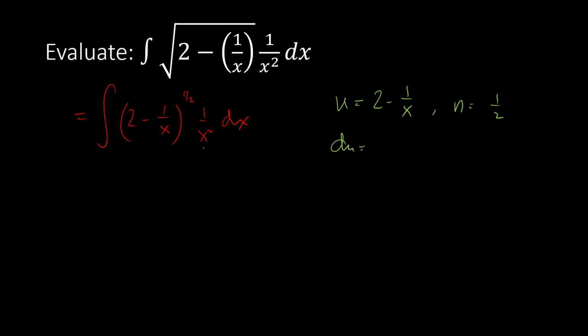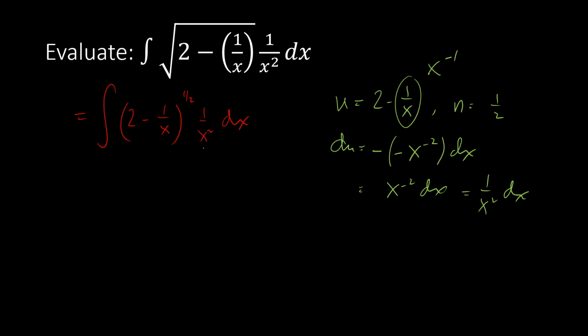So we take the differential of 2 minus 1 over x. Negative 1 over x is x to the negative 1, and its differential is negative 1 times x to the negative 2 dx, or x to the negative 2 dx, or 1 over x squared dx. And that is exactly what we have in our integral. So here is our u raised to 1/2 together with du.